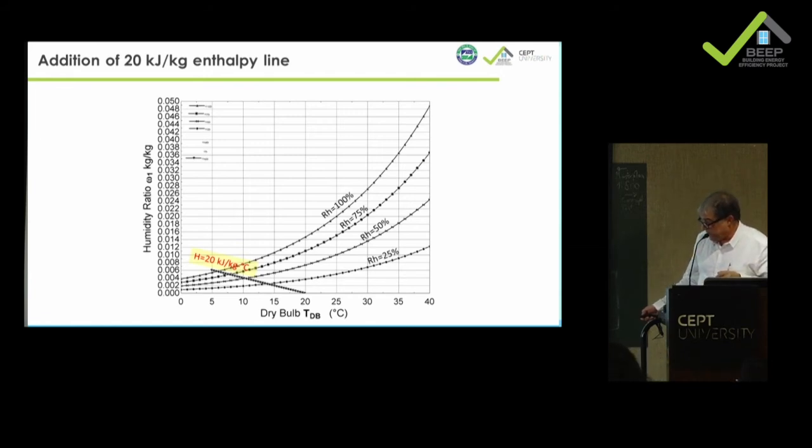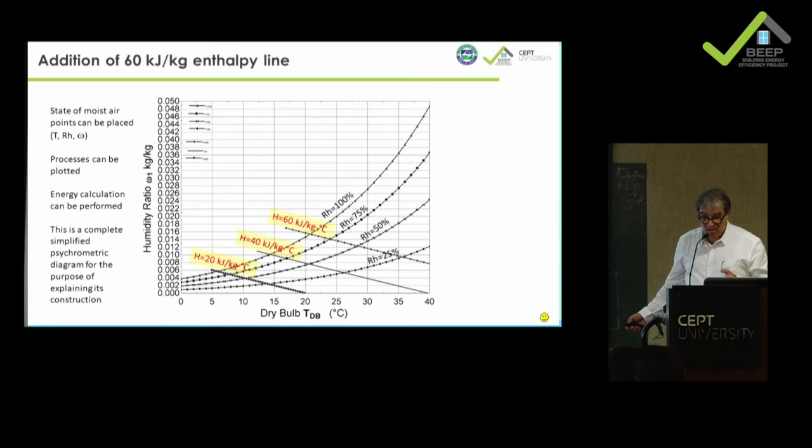If we say the enthalpy of moist air and vapor at 0 degrees is equal to 0, then this line is 20. You see it's a kind of diagonal, it has a slope. Next we can add the 40 and the 60.